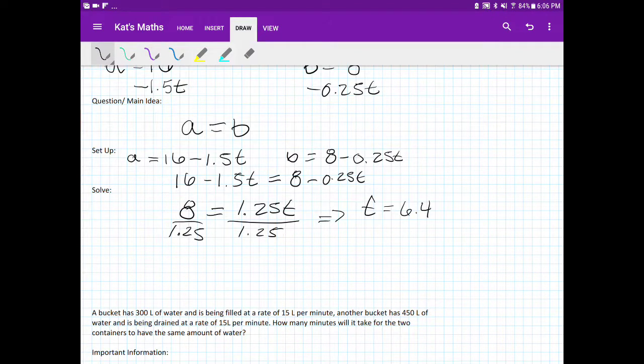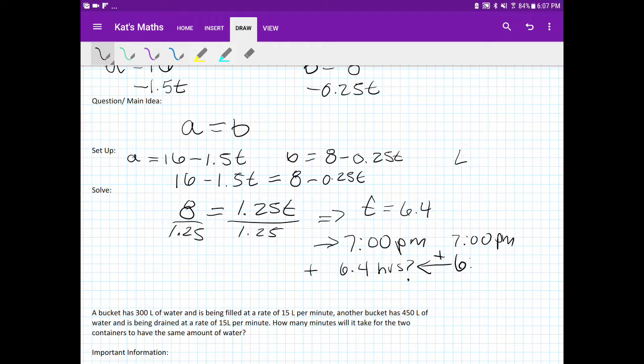So what is 7 p.m. plus 6.4 hours? Well, that's not something that you could do without first figuring out what that looks like in this sort of format. So 7 p.m. plus 6 hours.